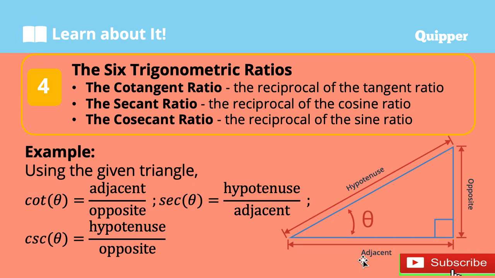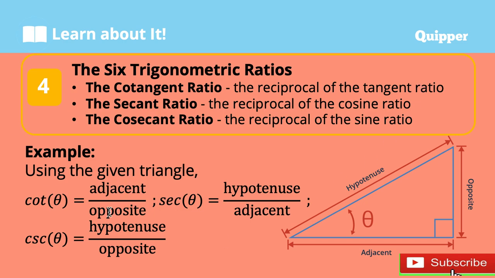Next, we have the other three trigonometric functions. These are the cotangent ratio, secant ratio, and cosecant ratio. Take note that the cotangent ratio is just the reciprocal of the tangent ratio. Our tangent is opposite over adjacent.